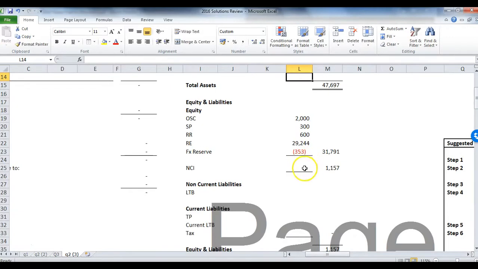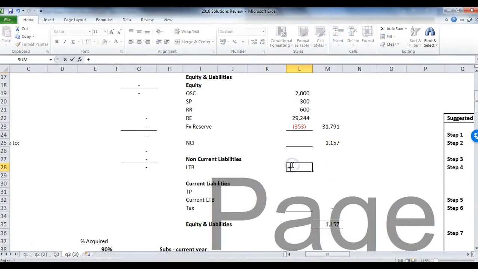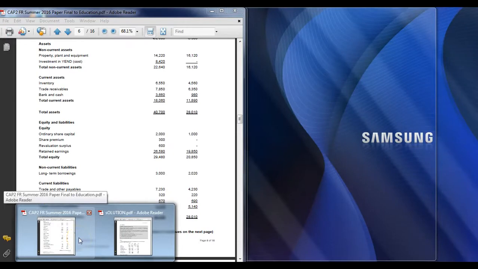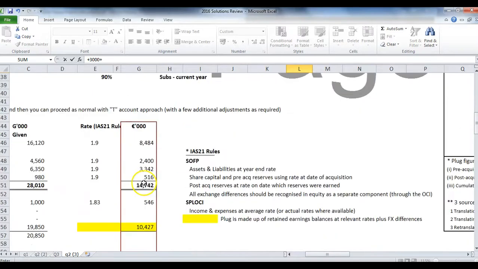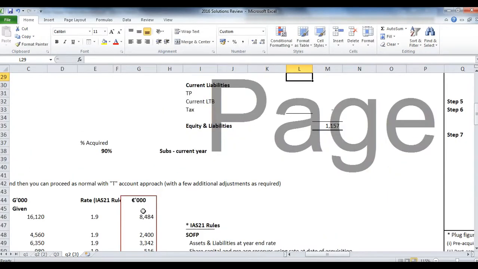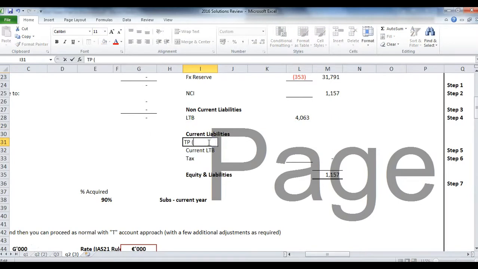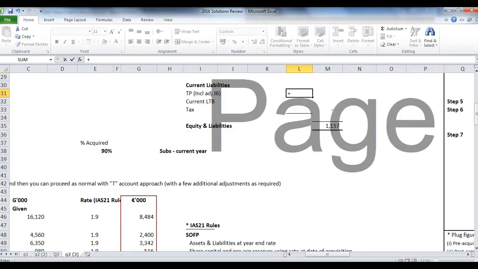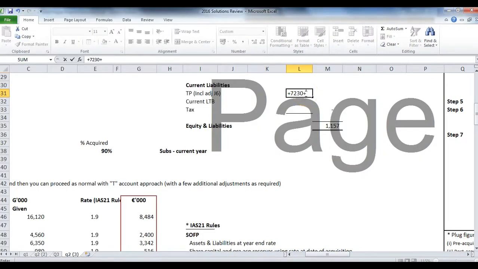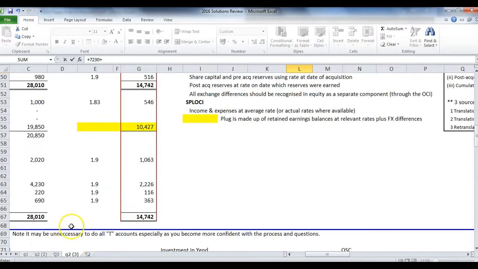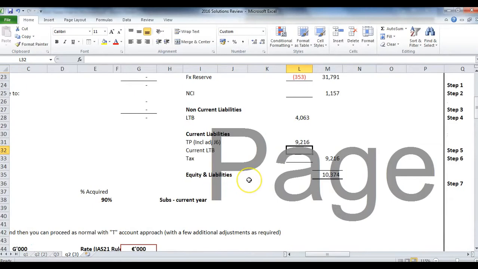And you do the same then, we have the NCI, long-term borrowings is the same, so we won't spend too much on this. 3 million for the parent plus the translated subsidiary is 1063. Trade payables, and I'll say including adjustment journal 6, because remember there is intergroup balances, so that will be the parent, which is 7230 plus the sub, which is 2226 minus 240 as per journal 6.